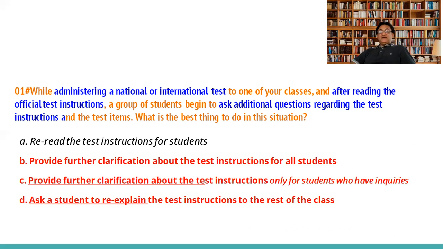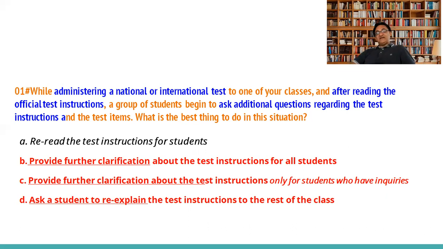D: ask a student to re-explain the test. Third, it is irrelevant why the student has to re-explain while he has a question. Students are not the authority to explain to the rest of the students, so it doesn't make sense.